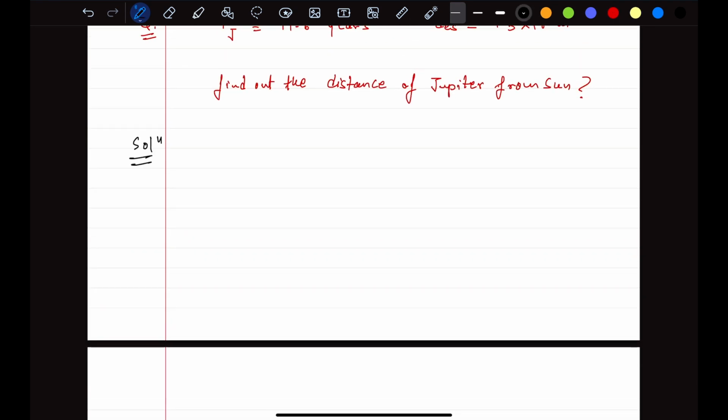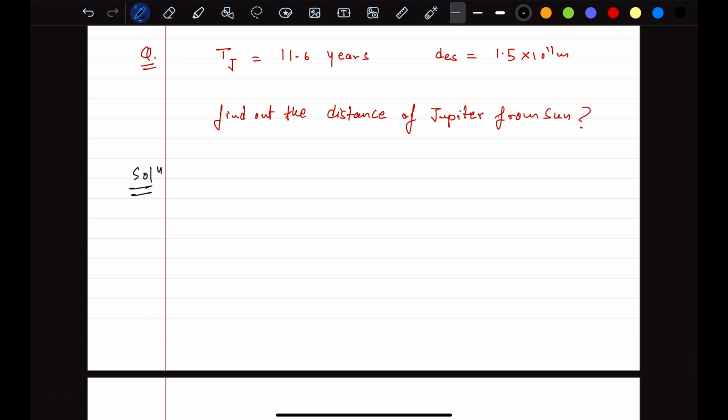Let's solve it. So we know that T square is going to be proportional to r cube. So I can say for Earth, T of Earth square is k times the distance of Earth from the Sun, cube. Similarly for Jupiter, T of Jupiter square is k times the distance of Jupiter from the Sun, cube.